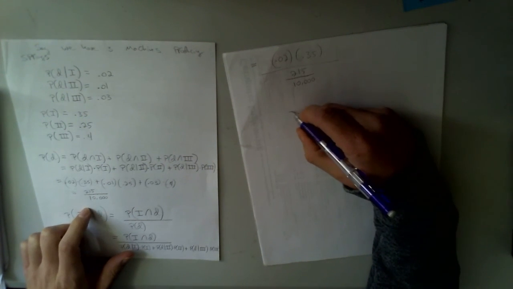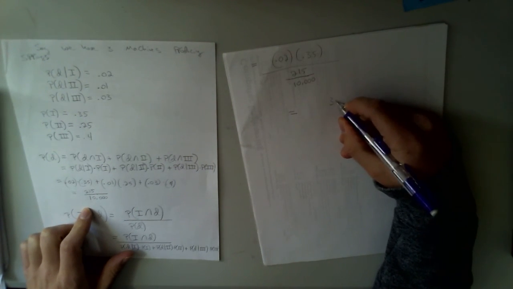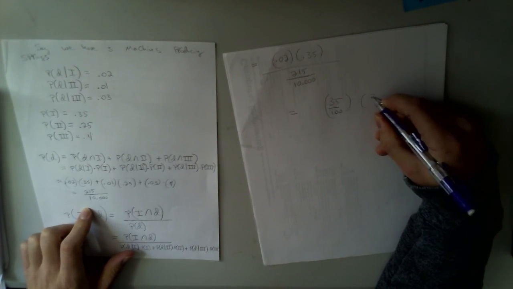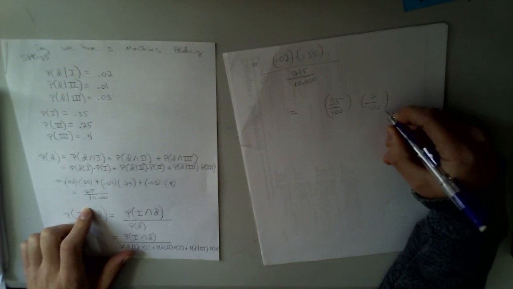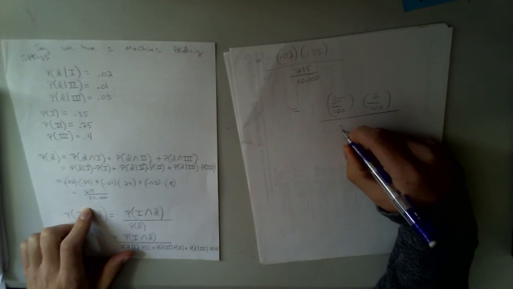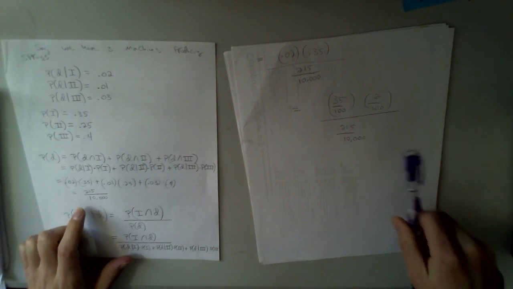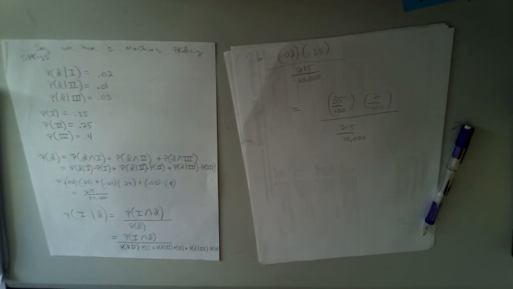I'm not going to simplify this, I'll leave that to you, but we could write this whole thing in fractional form like this. And that's Bayes' theorem in action.